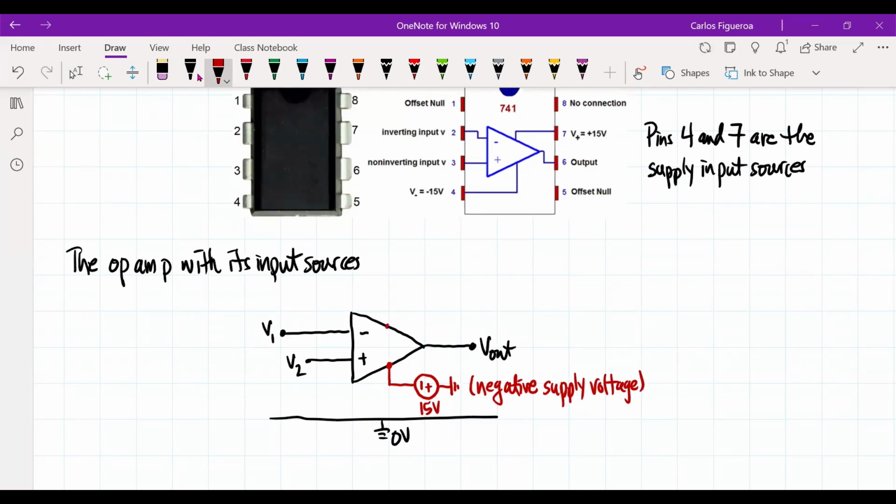Pin 7, which is up here, becomes this guy. And this is our positive supply voltage.